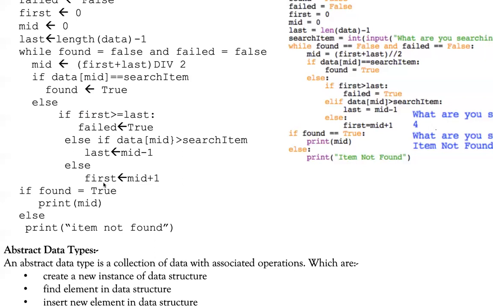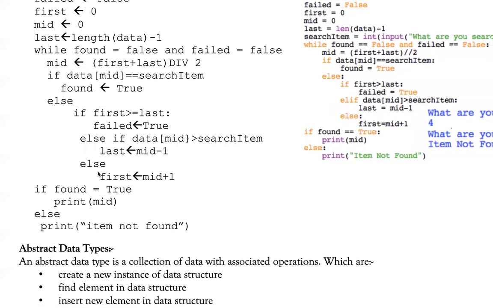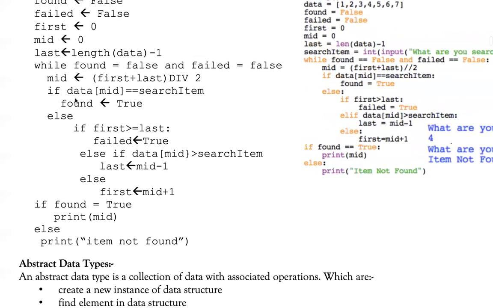If either one of these conditions is true, this step will be taken, and then further comparisons and further divisions follow. Eventually, if the element is found, that means this condition has been true. And if the element is not found, that means this condition has been true. In either case, you will exit this while loop. When you exit the loop, you ask the question: did I come out because found became true?